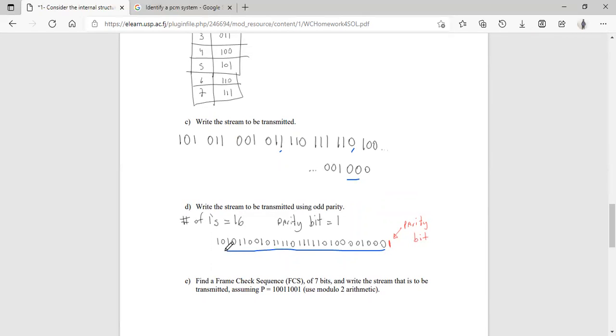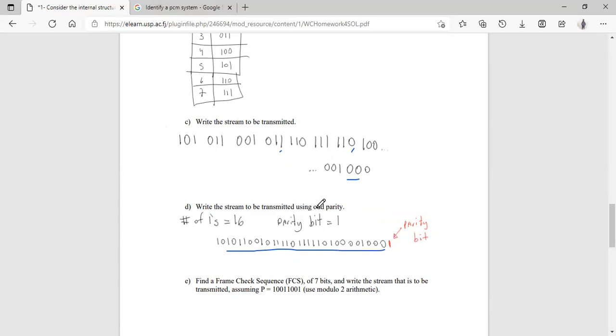This is the stream that I have written that needs to be transmitted. If I count the number of ones, I have 1, 2, 3, 4, 5, 6, 7, 8, 9, 10, 11, 12, 13, 14, 15, and 16 ones. So I have 16 ones.